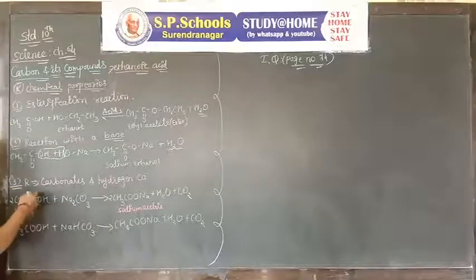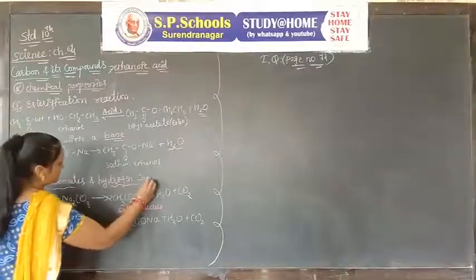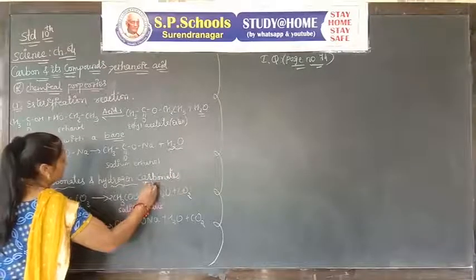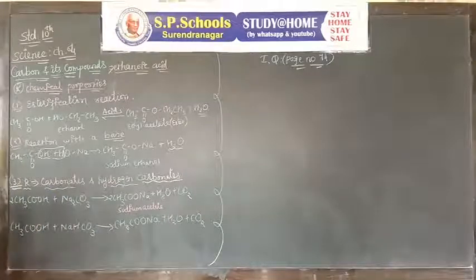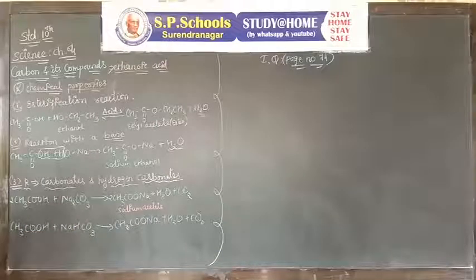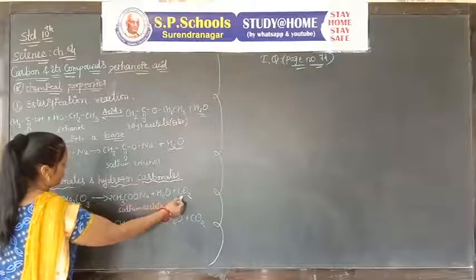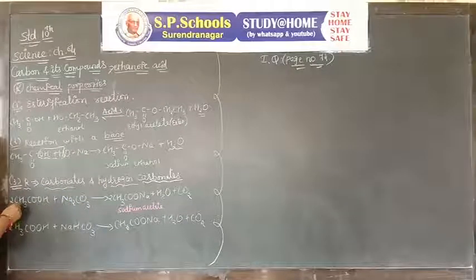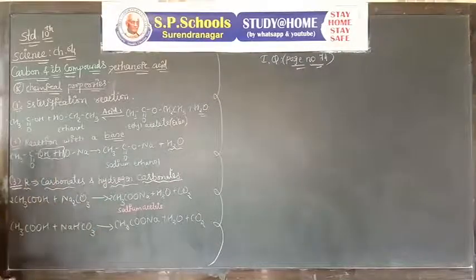When ethanoic acid reacts with carbonates and hydrogen carbonates, for example sodium carbonate, sodium acetate will be formed: CH3COONa plus H2O plus CO2. To balance the equation, we put 2 before ethanoic acid and 2 before sodium acetate.